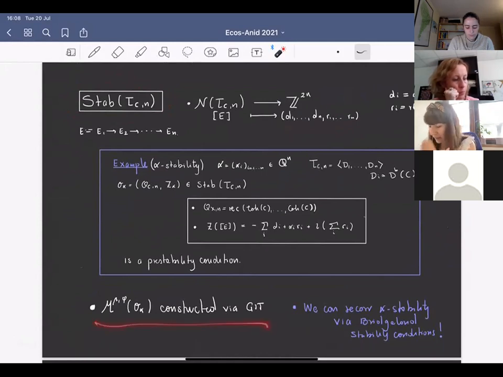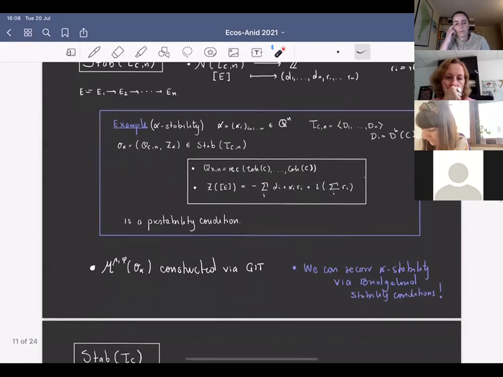And the moduli space, as I said before, is given by GIT. So the heart is going to be given by a Rickard-Noether heart, and the stability is just going to be given by this. The important fact here is that we recover alpha stability, and we're going to use that the moduli is already constructed at some point.